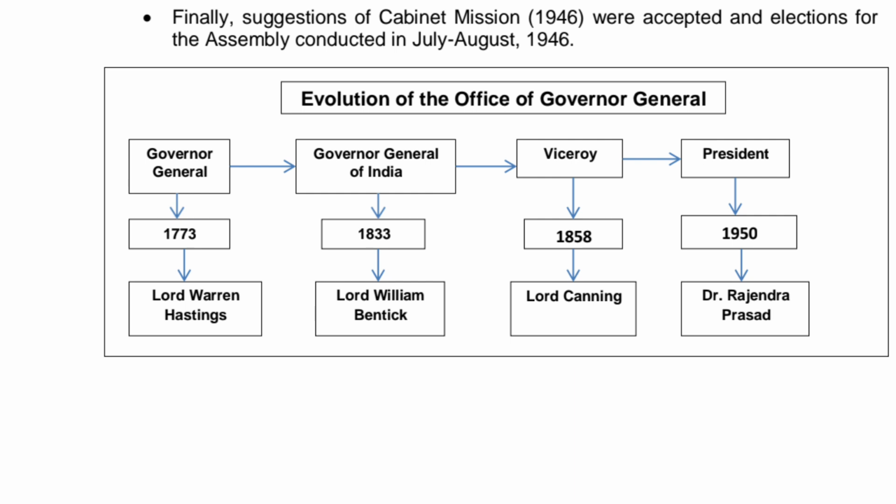Right, this is the evolution of office of Governor General. First is Governor General 1773 Lord Warren Hastings. Second is Governor General of India 1833 Lord William Bentinck. Third is Viceroy 1858 Lord Canning. Fourth is President 1950 Dr. Rajendra Prasad.